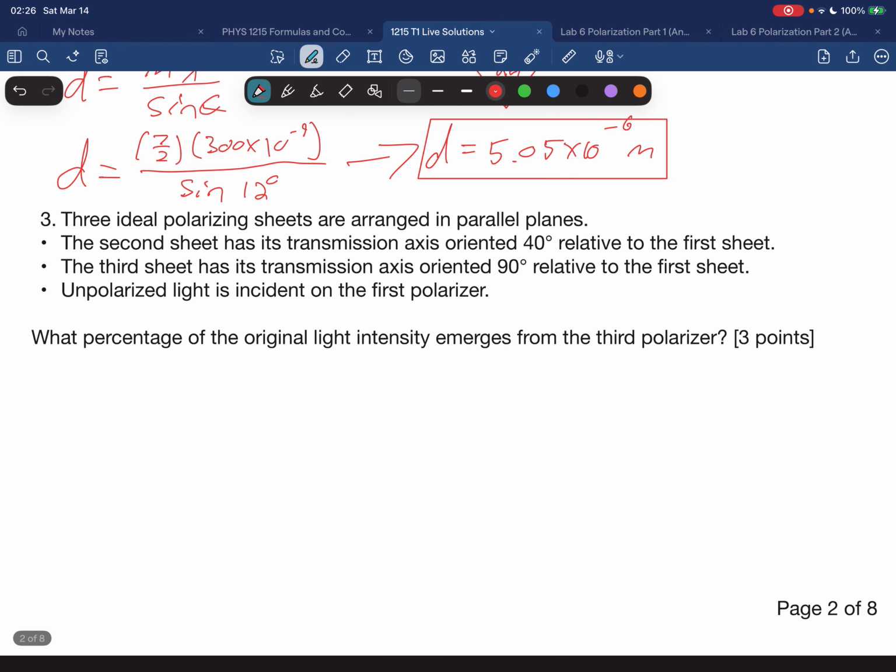Number 3. Three ideal polarizing sheets are arranged in parallel planes. The second sheet has its transmission axis oriented at 40 degrees relative to the first sheet. The third sheet has its transmission axis oriented 90 degrees relative to the first sheet.